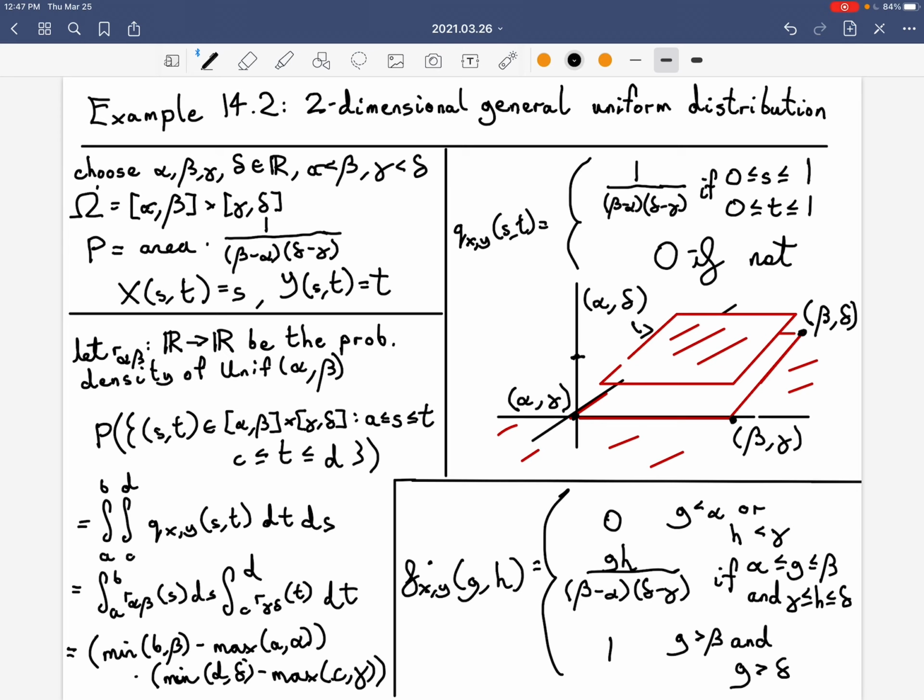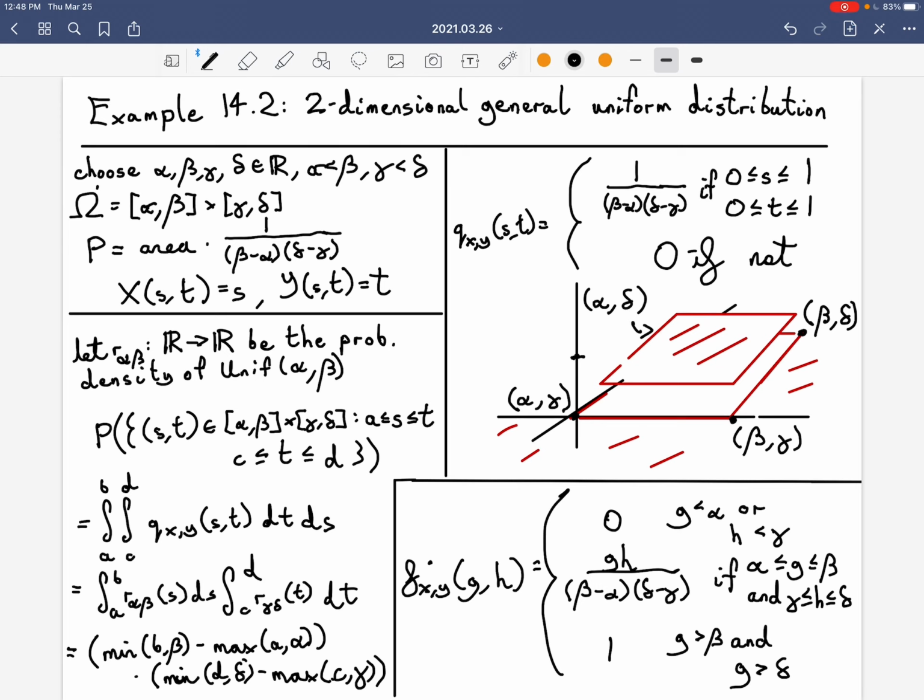So minimum of beta, b minus maximum of a, alpha is the length of one side of my rectangle on the floor intersected with one side of the table. And minimum of d, delta minus maximum of c, gamma is the length of the other side of the table intersected with my rectangle on the floor.